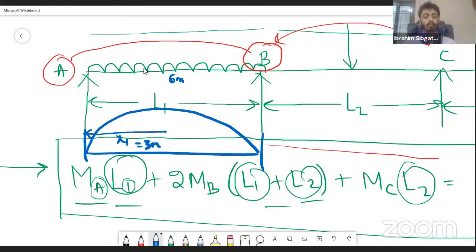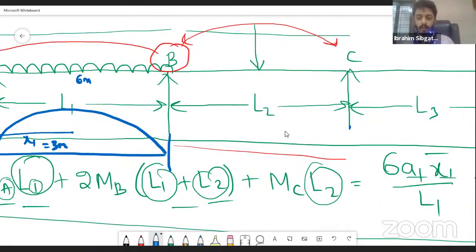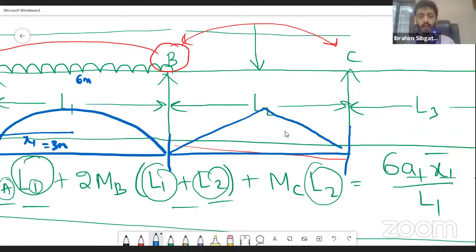Now moving on to X2. Let's say we have got a bending moment diagram over here that is a triangle. Now coming to X2, X2 will not be here. This is not going to be X2.